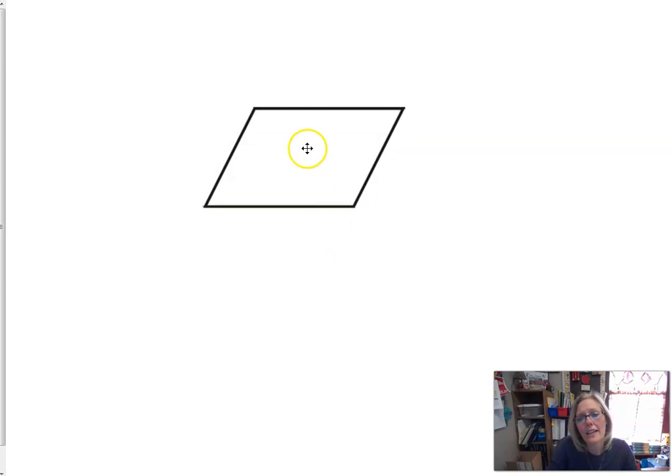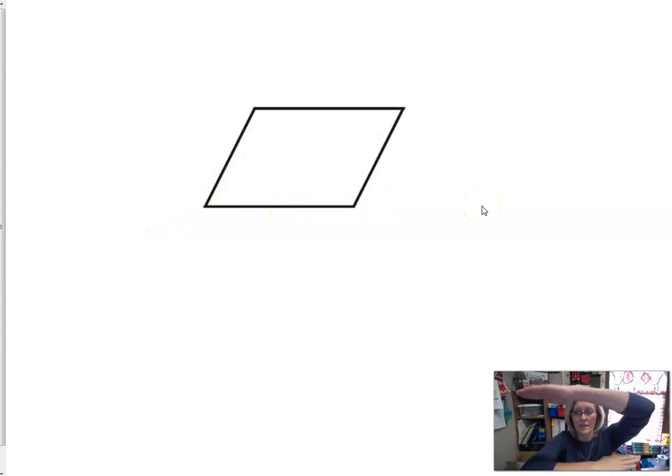A parallelogram, like its name says, must have a parallel top and bottom. That means if I kept drawing these lines, or this line for the top and this line for the bottom, okay, they would never meet. Also, a parallelogram has to have parallel left and right sides.